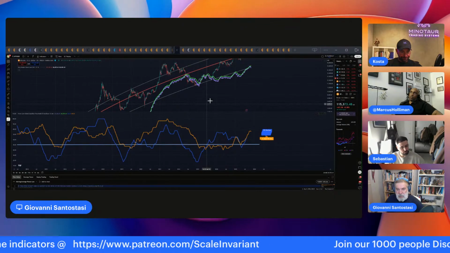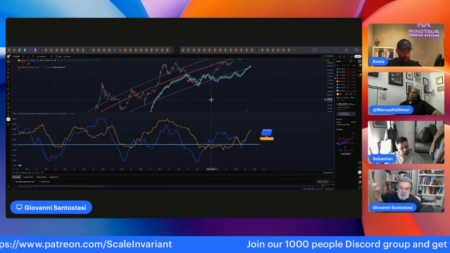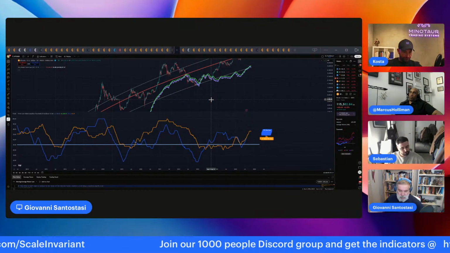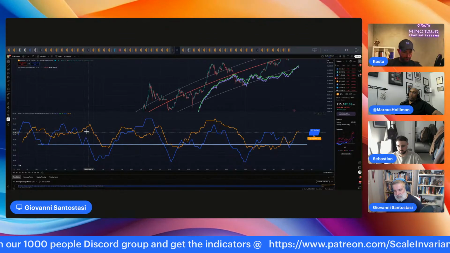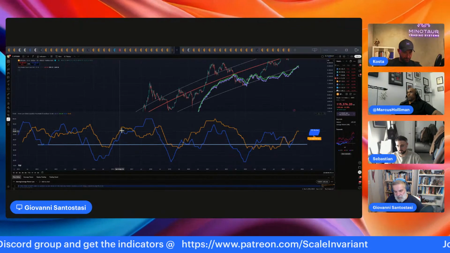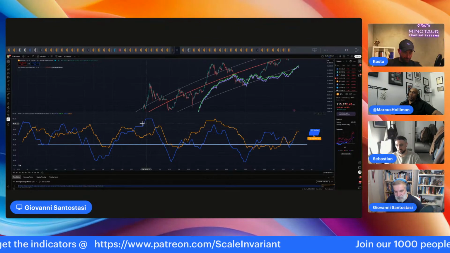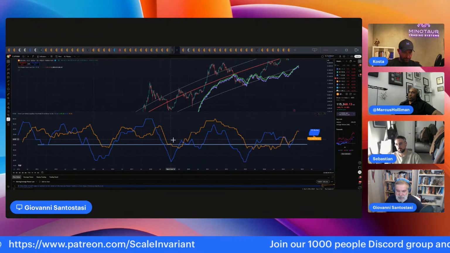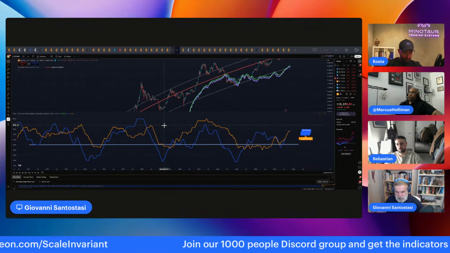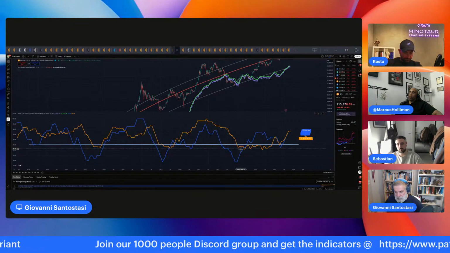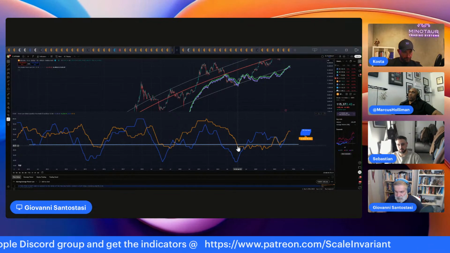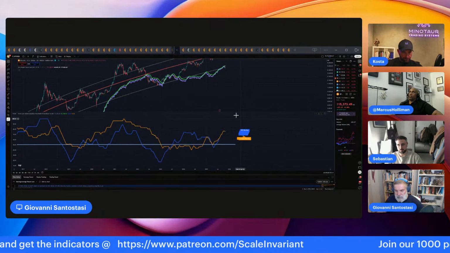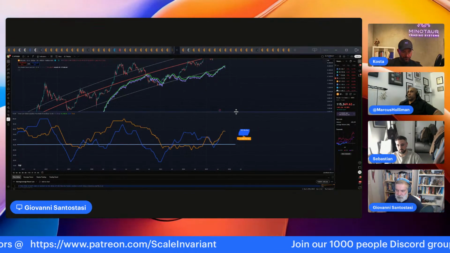Then we calculate how many times we went up relative to how many times we went down in a moving window. It's a good way of tracking the direction of both quantities. You can see they follow each other. It's more coordinated at the bottoms than the tops, but it gives us some further information.